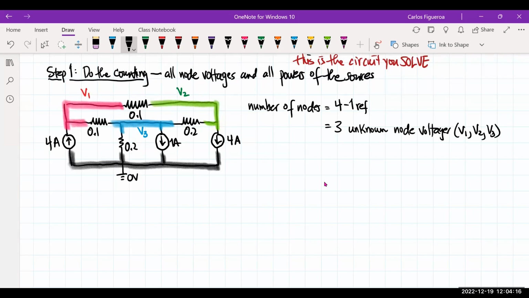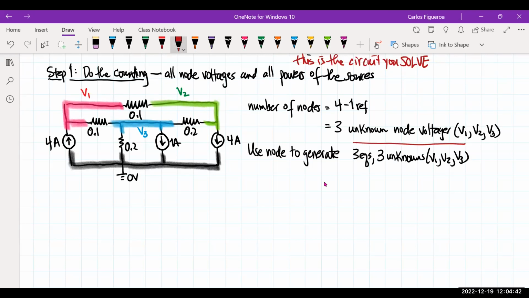So we want to use node analysis to generate 3 equations for my 3 unknowns, which will be V1, V2, and V3. The result of the counting tells me that this is what I need to do.